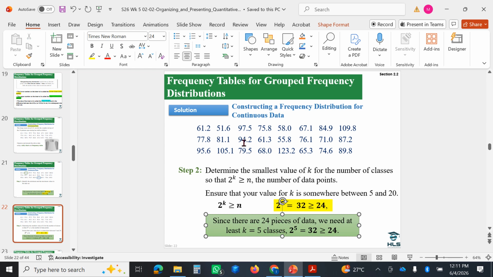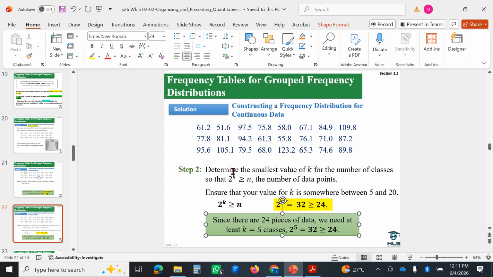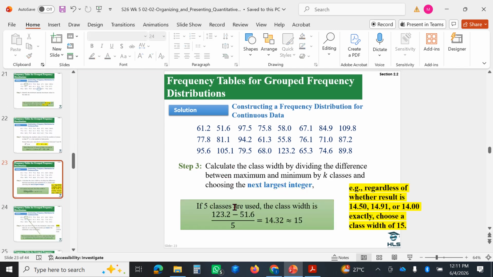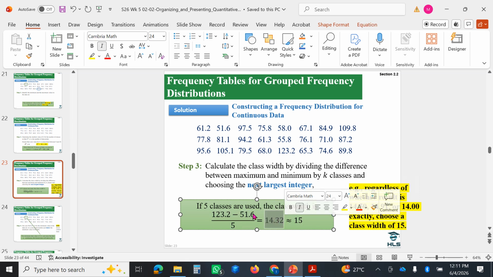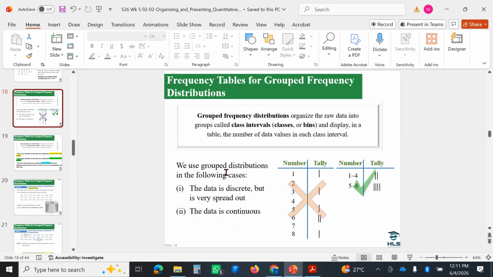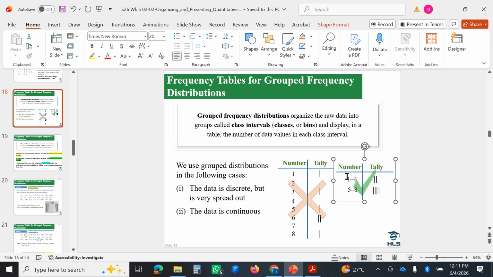Because we're going to group this data, watch and see. We just found our highest and lowest values: 123.2 was the highest, and 51.6 was our lowest. Divide the range by your K value, which was 5, and we get a class width of 14.32. Going back to the earlier example, the class width there was 4, as you'll remember.